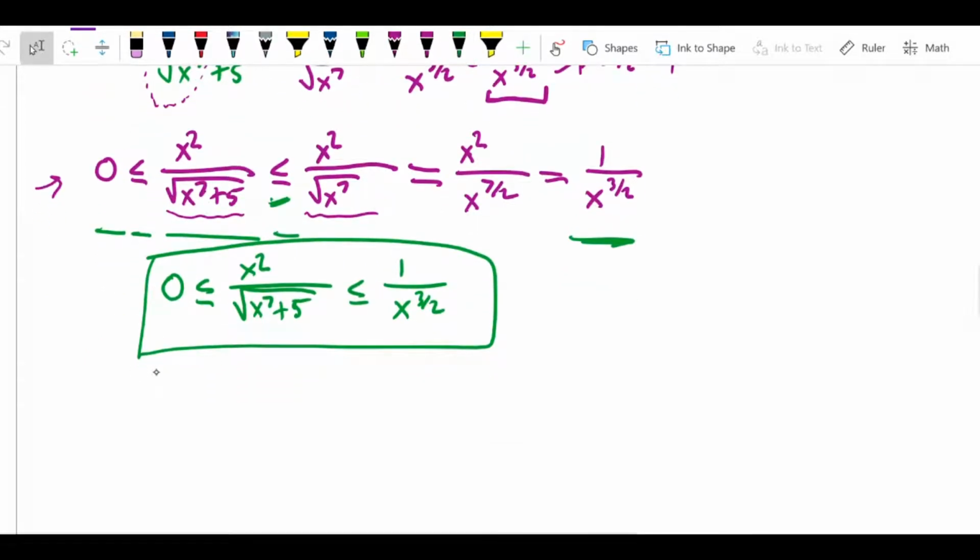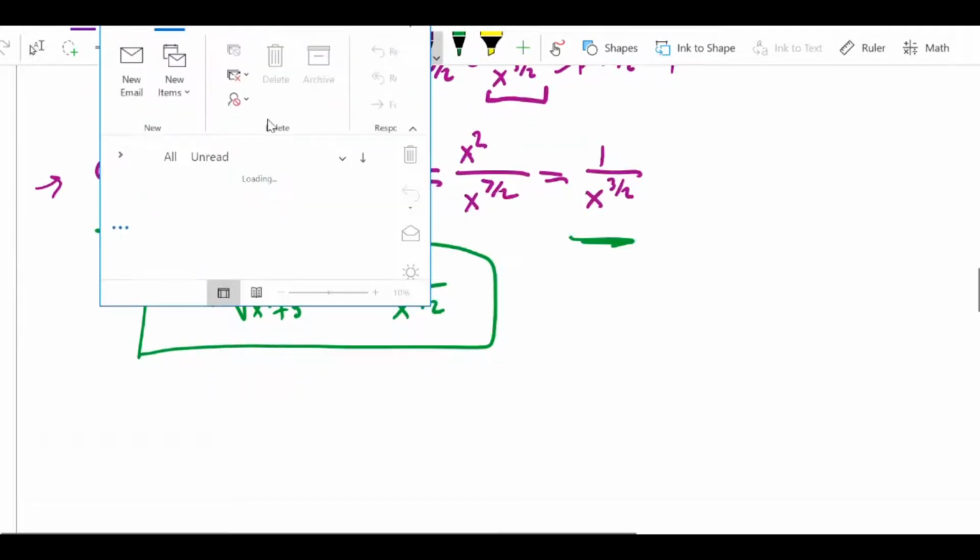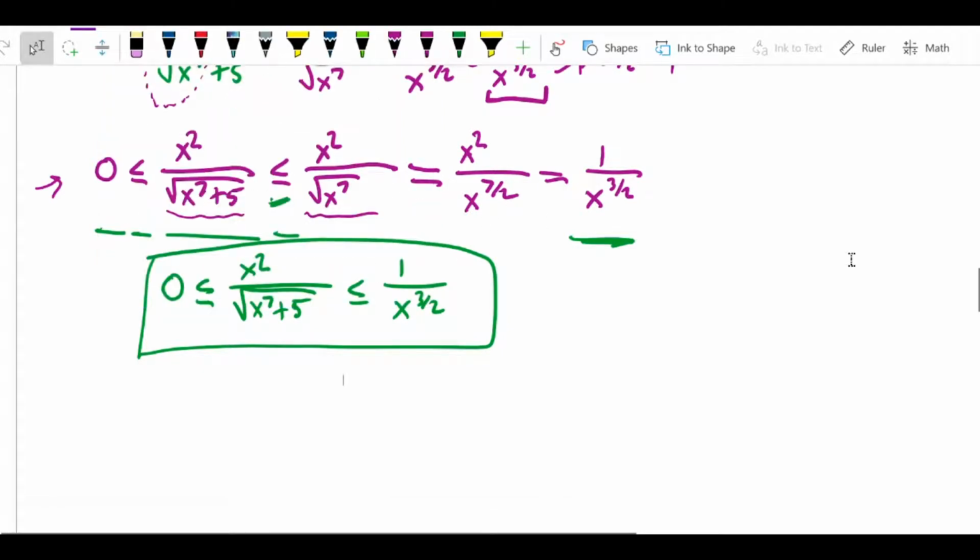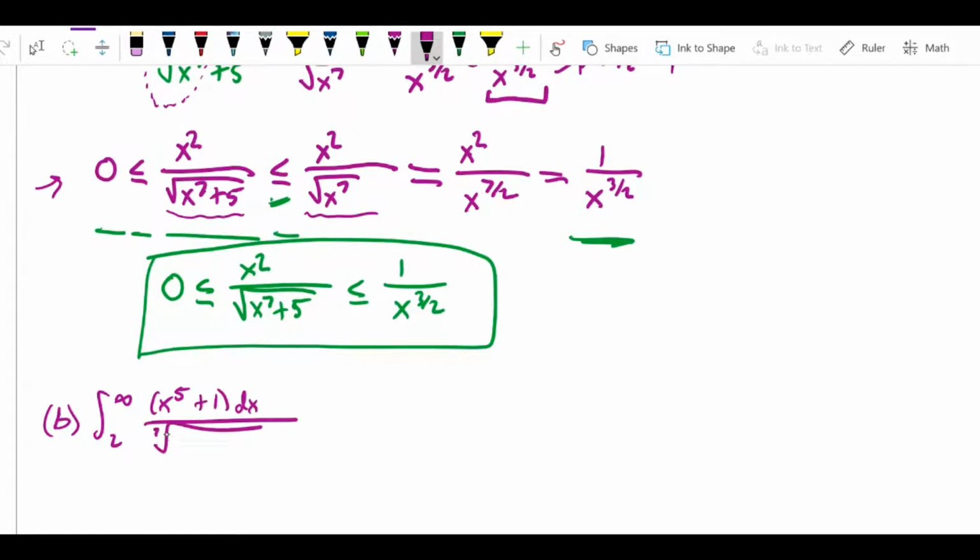All right, let's do B. So this is the integral from 2 to infinity of x to the 5th plus 1 dx over the cube root of x to the 18 minus x.